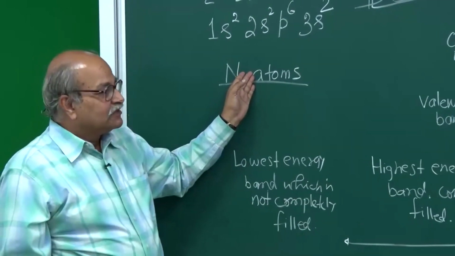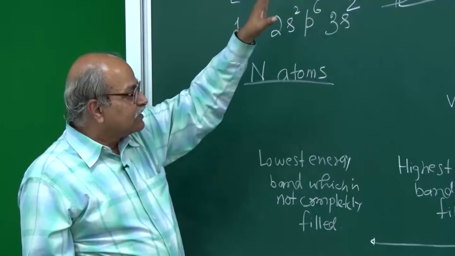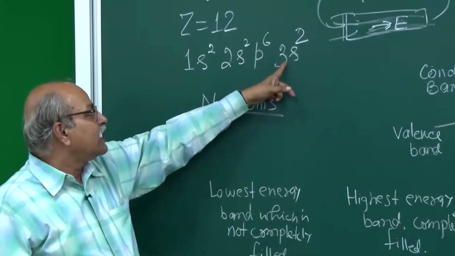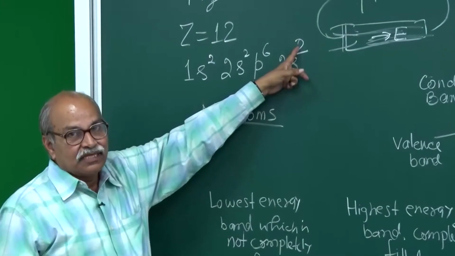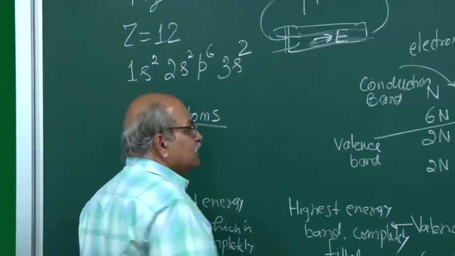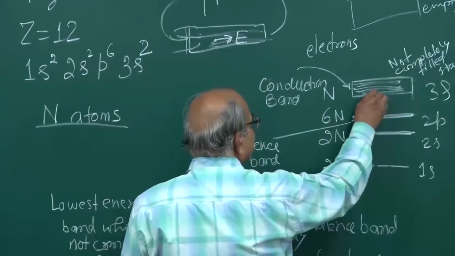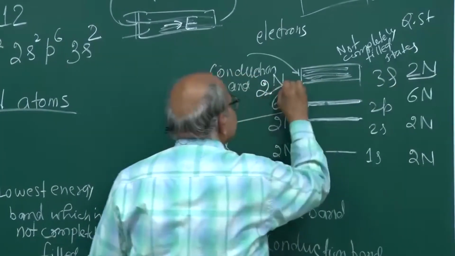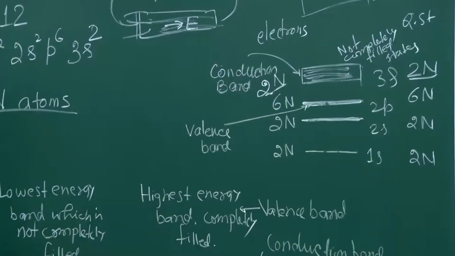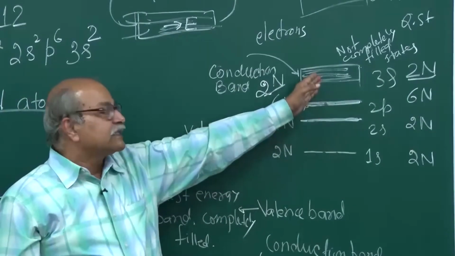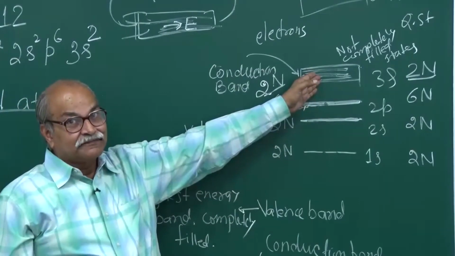You have those bands, and now for 3s, each atom has 2 electrons. That means after the splitting, this band also has 2n electrons and 2n quantum states. So this is completely filled, this is completely filled, this is completely filled, and this is also completely filled.